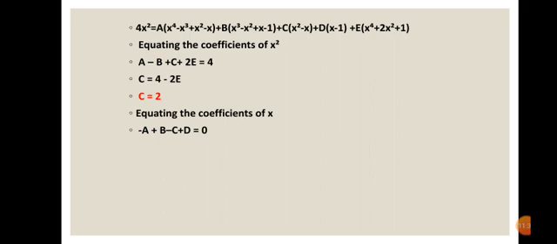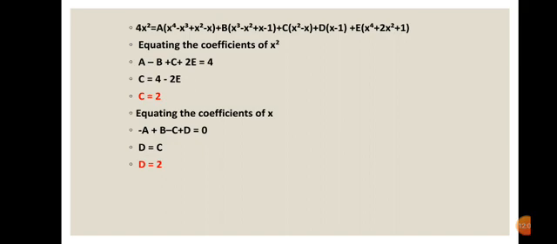So if I take minus c to the right hand side, I will get d is equal to c, which means that the value of d is the same as the value of c, and the value of c is equal to 2, as in our previous equating of the coefficient of x square we have got c is equal to 2. So the value of d is also 2.